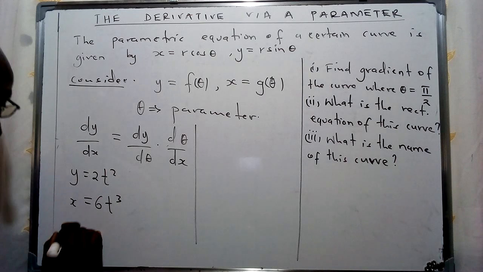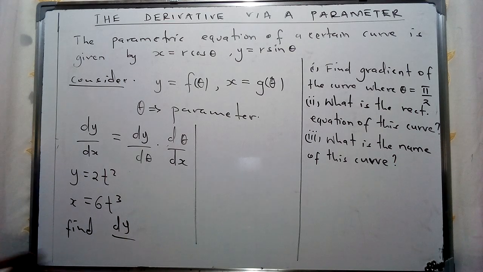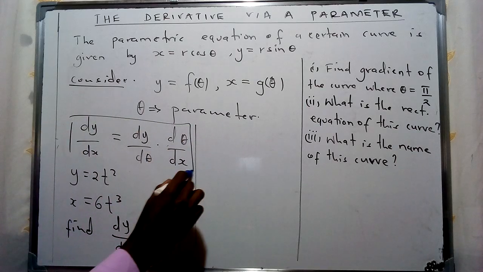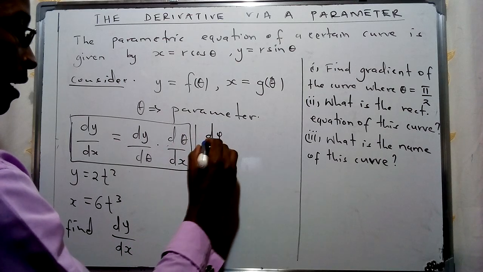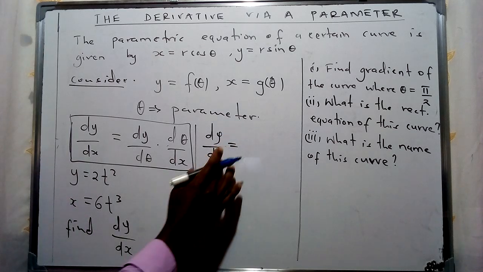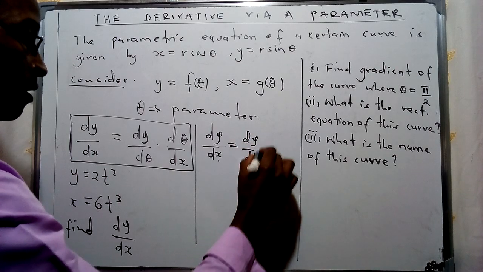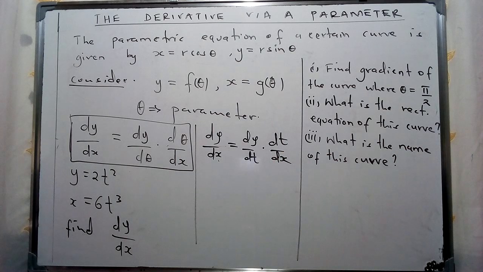If we are required to find dy over dx for these two equations, we can use the same concept I have just mentioned for the evaluation. dy over dx is given as dy over dt times dt over dx, which gives us the product of the two.